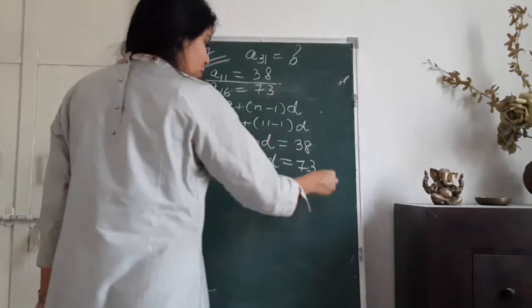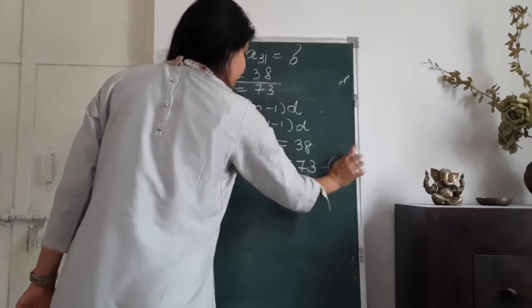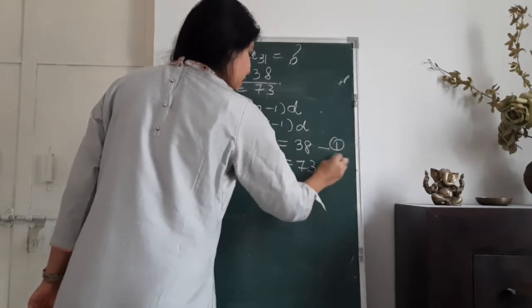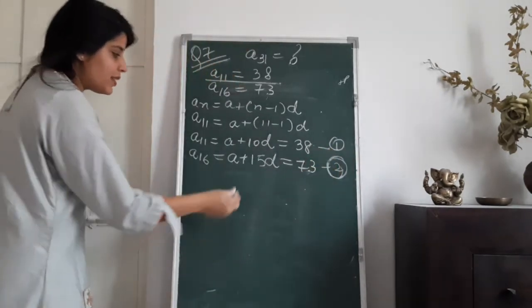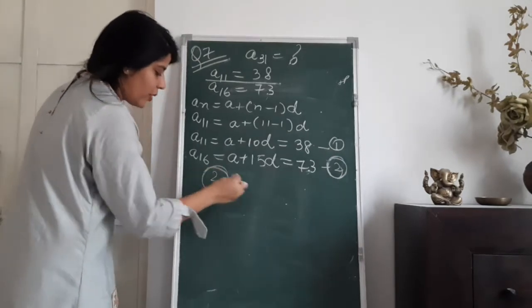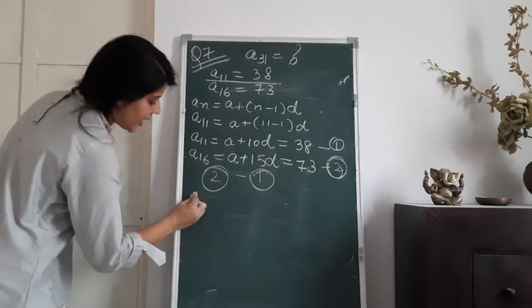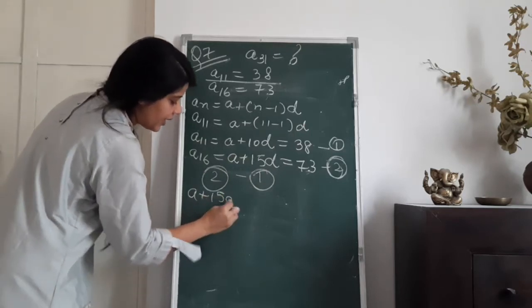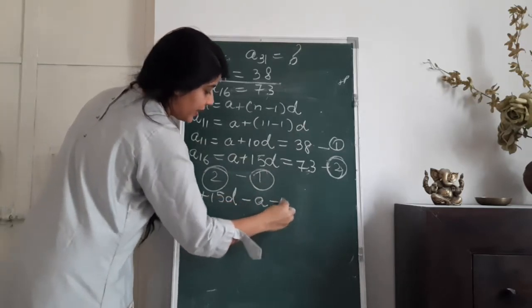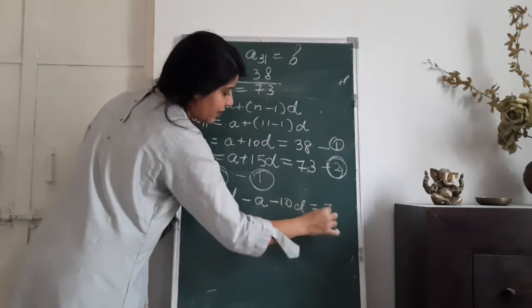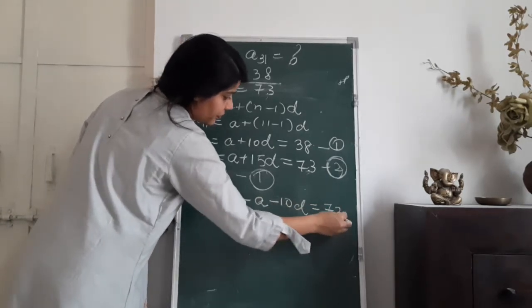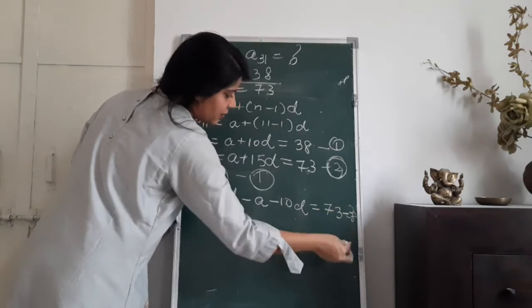So let's find the values of A and D. Subtracting equation 1 from 2, I get A plus 15D minus A minus 10D is equal to 73 minus 38, right?